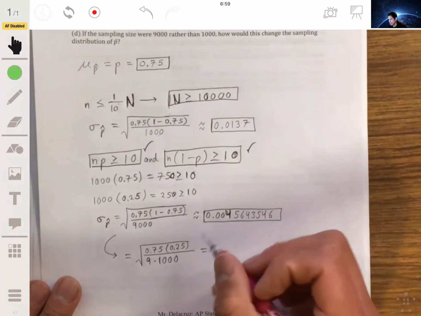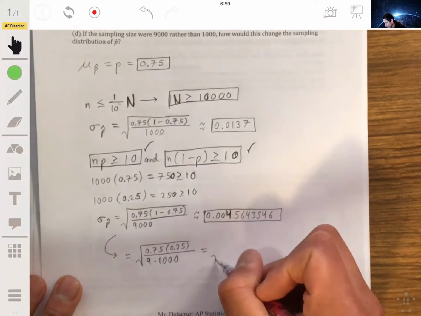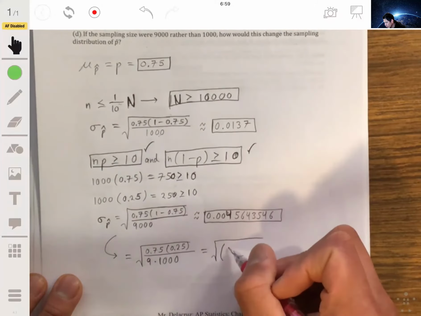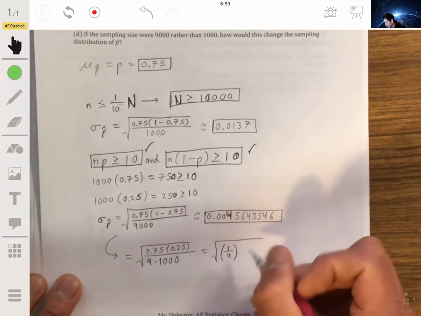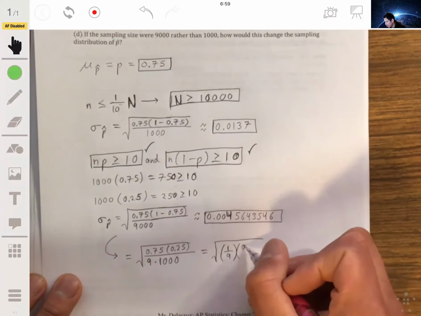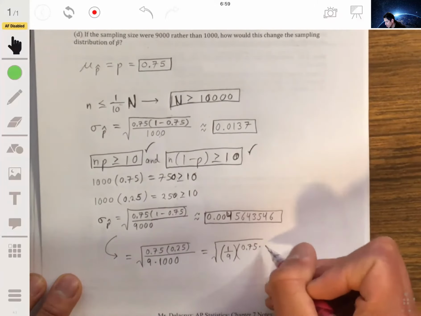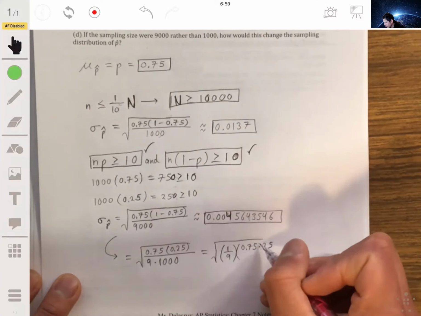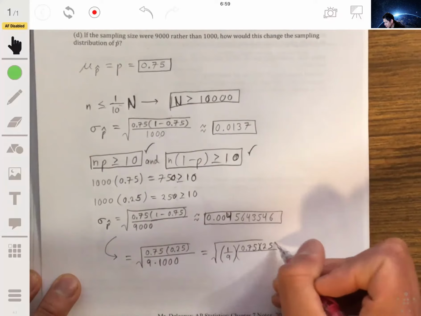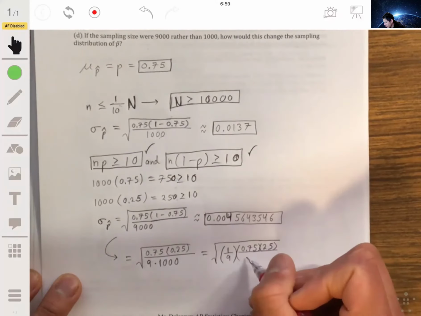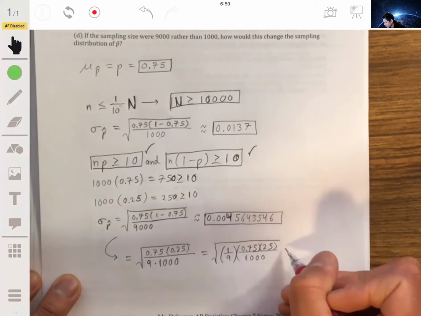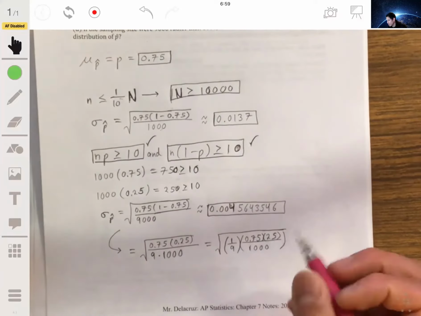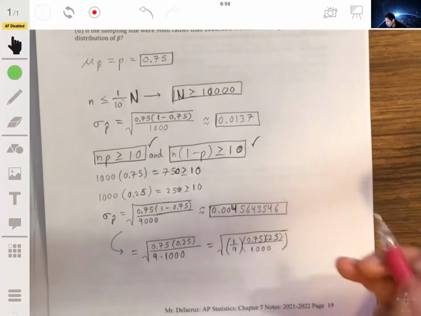Now, what am I getting at? Let's look at this. We could write this as the square root of 1/9 times, and on top we can put 0.75 times 0.25. You can put that in parentheses to make it a little more clear. On the bottom we put times 1,000. So that's all the same, right? We can agree, it's 0.25.